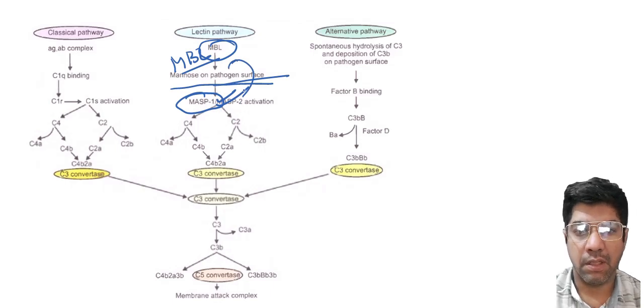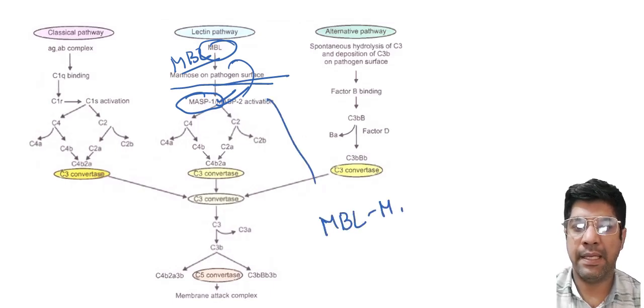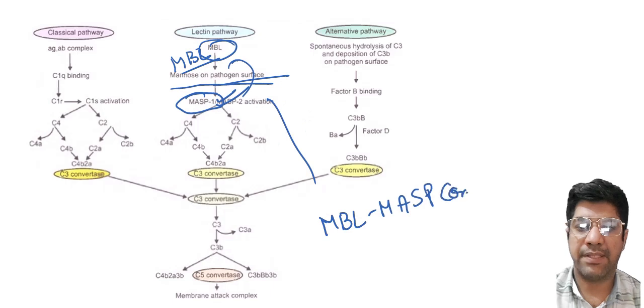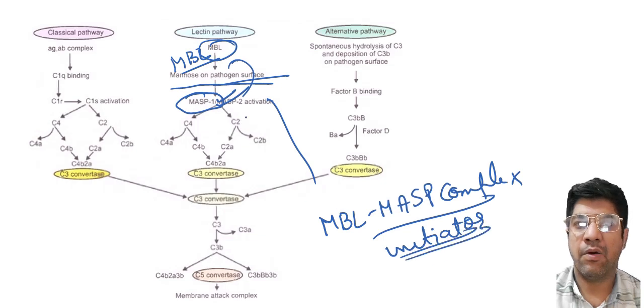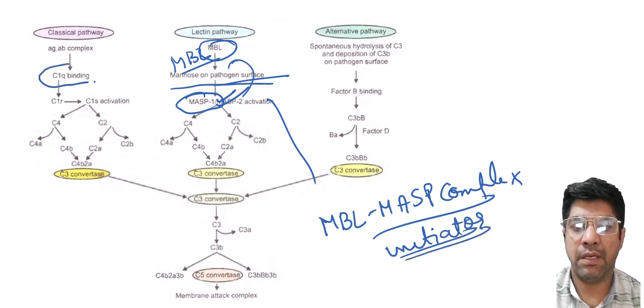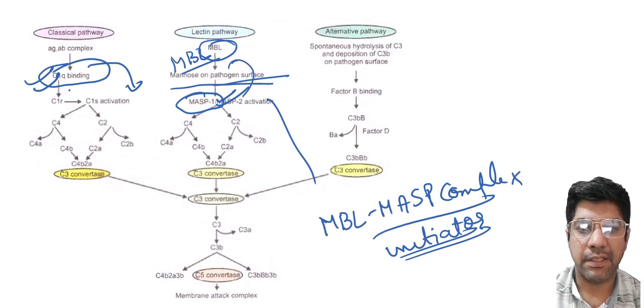This MBL-MASP complex acts as an initiator, analogous to C1q, where the initiator was C1q in the classical pathway.